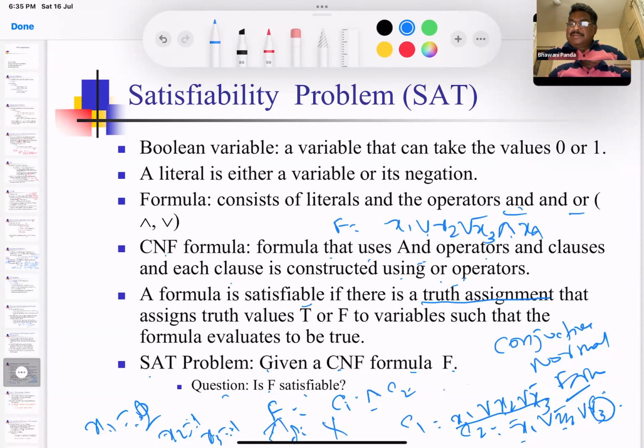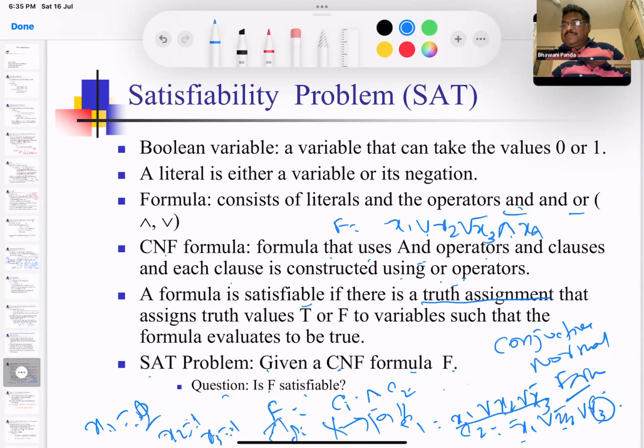Every element of X will get either 0 or 1. So n variables are there, so there are 2 raised to the power n truth assignments. So now the question is, given a formula in CNF form, is F satisfiable?